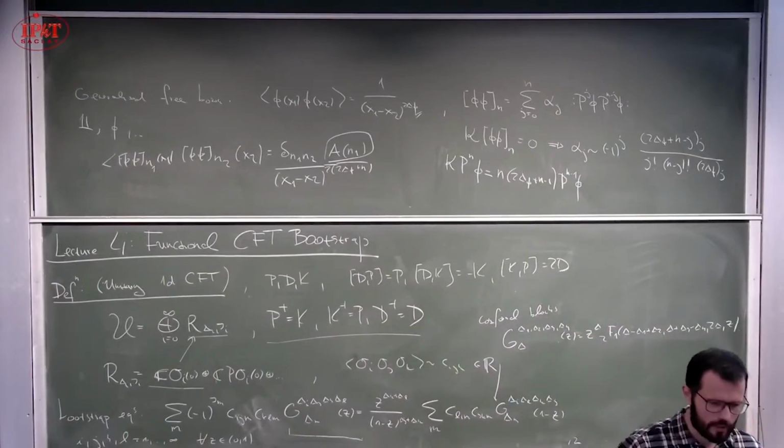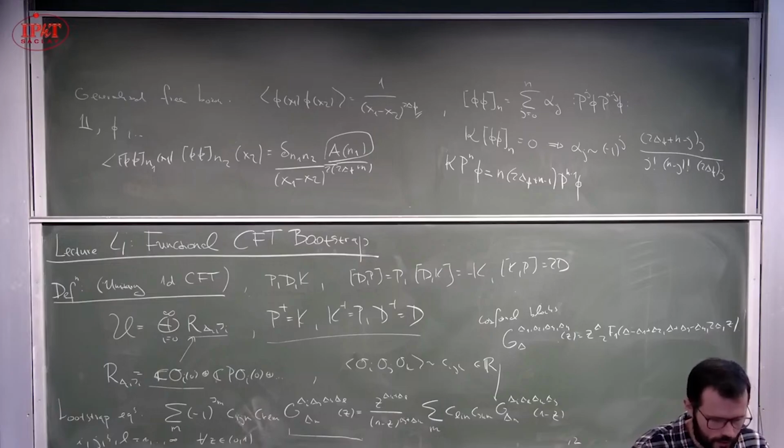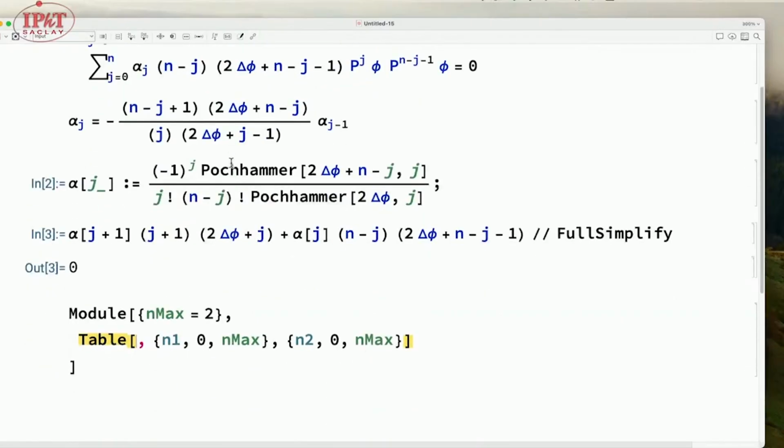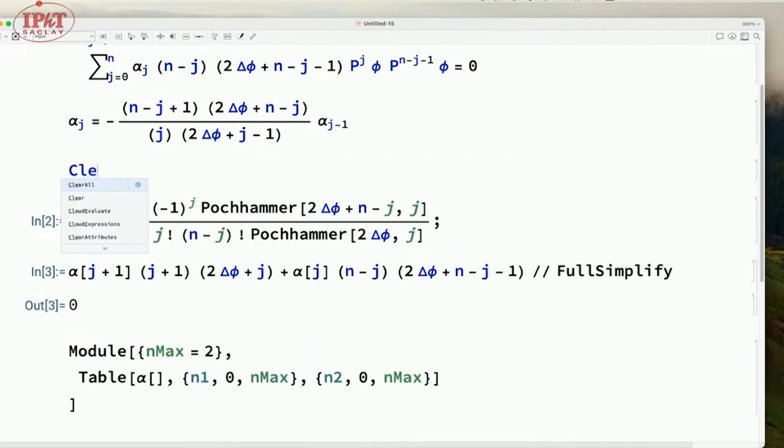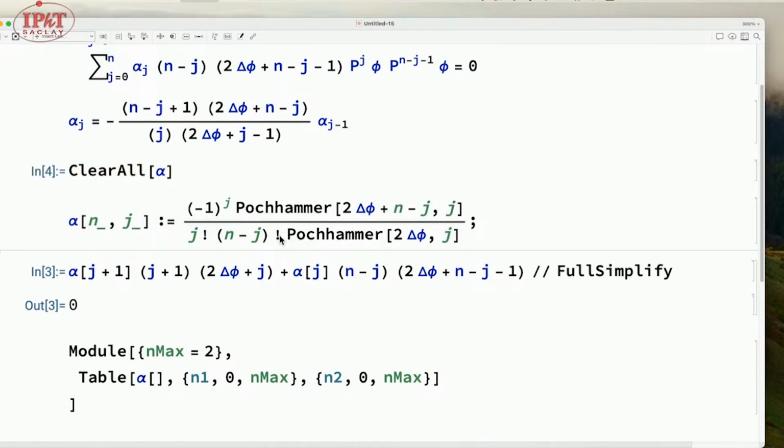So let's check all of these claims now. What we want to do is compute the table of these two-point functions, let's say up to some n max. I'm just going to set n max to something small for now. Now p is just a derivative. Let's define alpha to be also a function of n, not just j, but also of n.